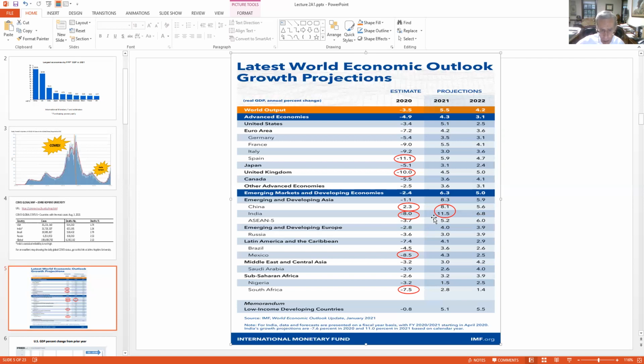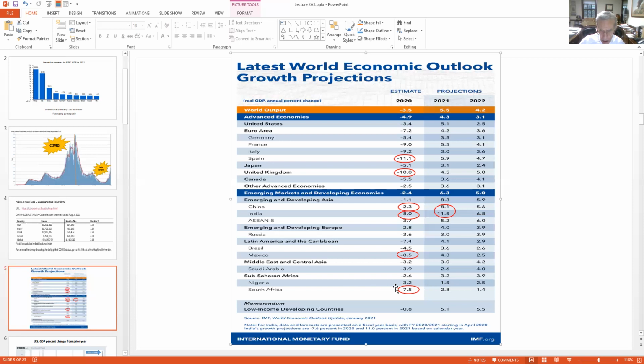Once again, the purpose of showing this information is to remind you that the United States trades with many countries, including China, but also India, with countries in Europe and elsewhere in the world, including South America, Mexico.